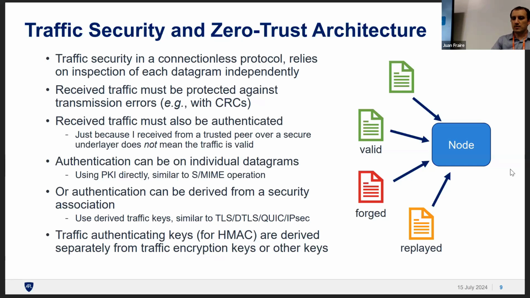The point of the zero trust architecture is to say, just because I receive something from a network that I trust, or from a radio net that I trust, doesn't mean that at the higher levels I should trust that information. I have to do my own authentication at each layer.